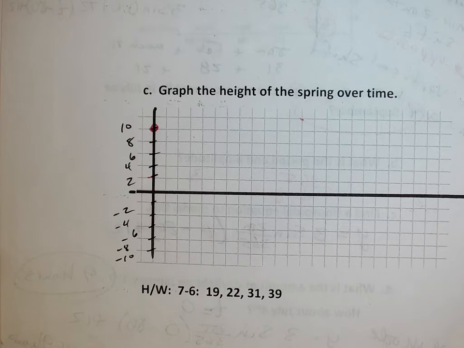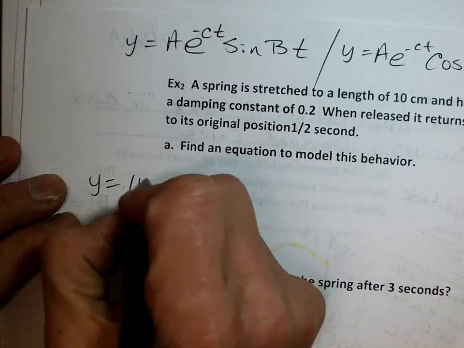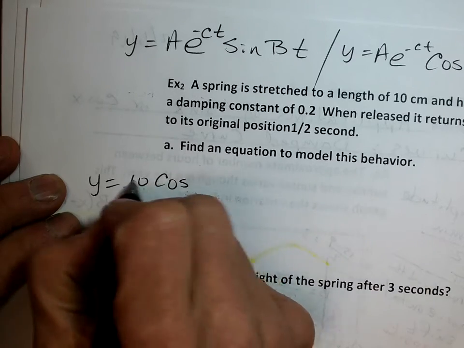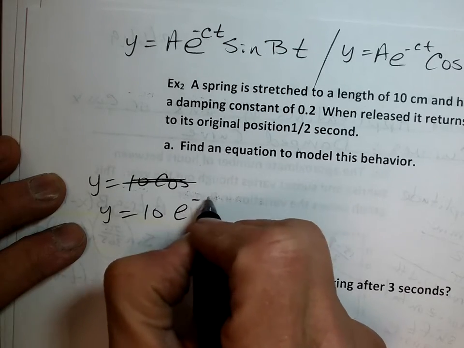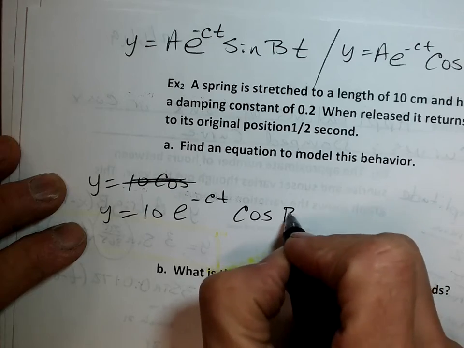So let's go back up and make a formula. Y equals 10 e to the negative CT cosine of BT.